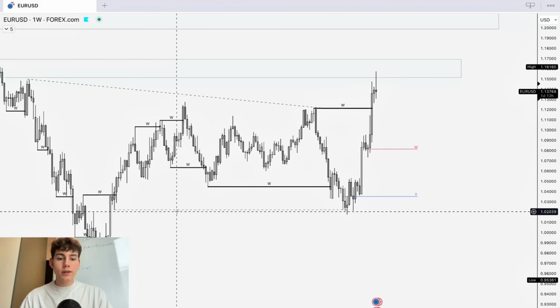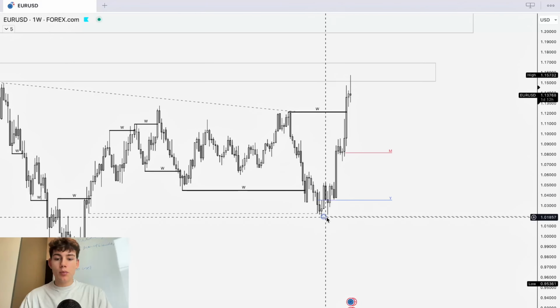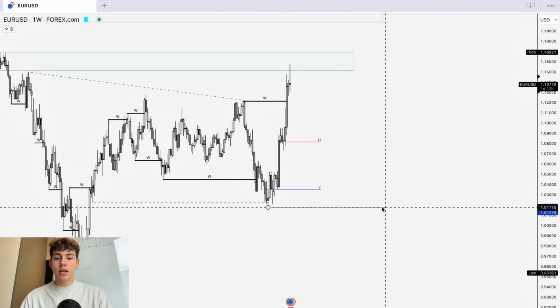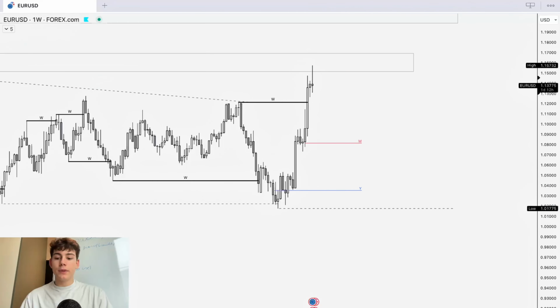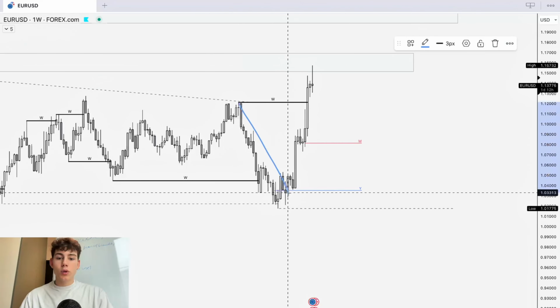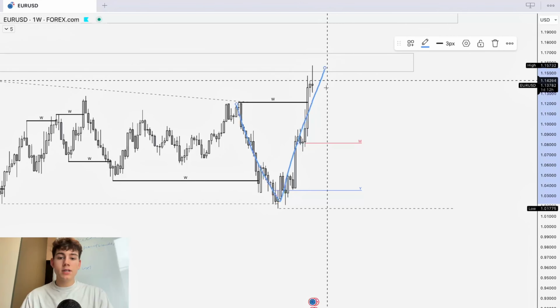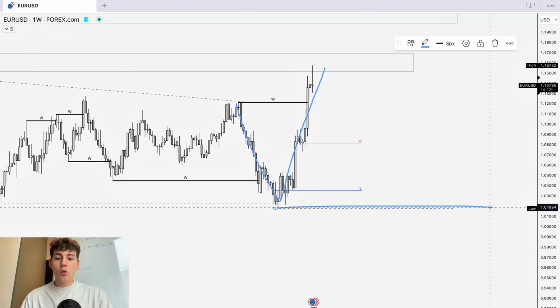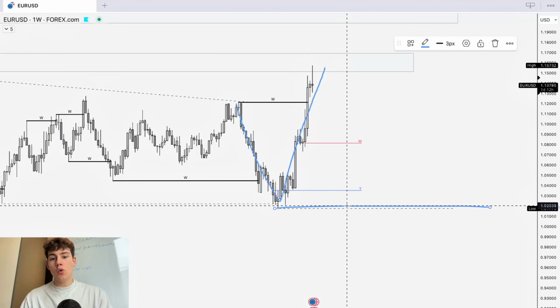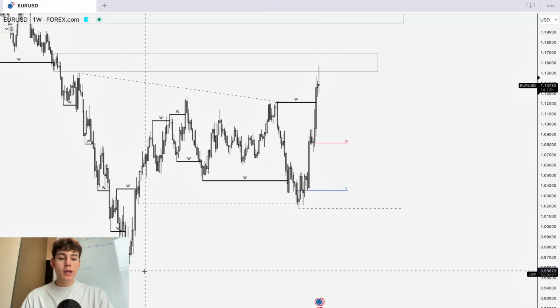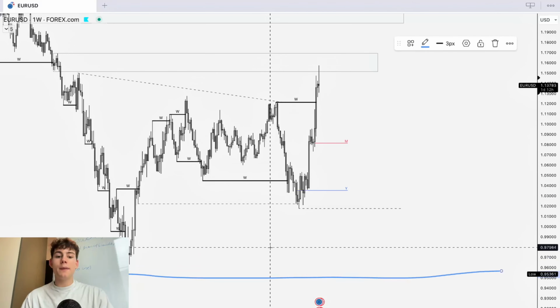Let's now talk about major liquidity. So major liquidity is basically a point which is a major low, for example, like this swing low, right? Because we can see we are swing bullish, and then this swing low is a major low, so a really big low, as you can see in this example. And this is also a major low.